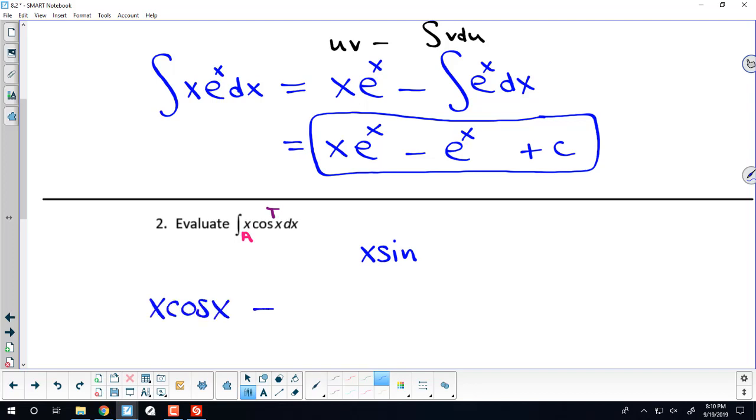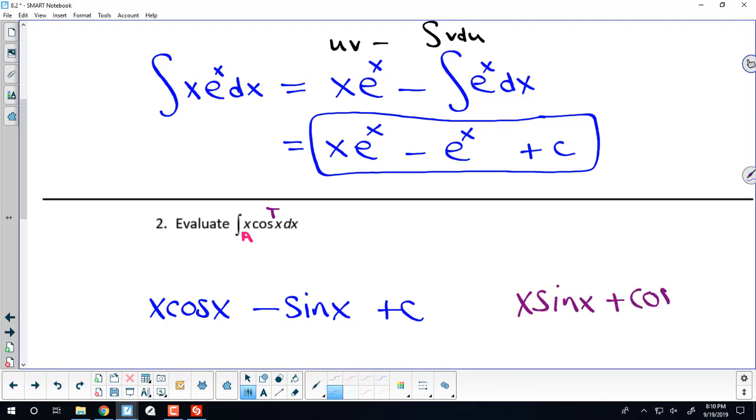What do y'all think? I got something different: x sine x plus cosine x plus c. We'll see what it is.